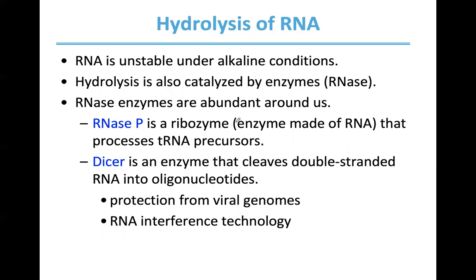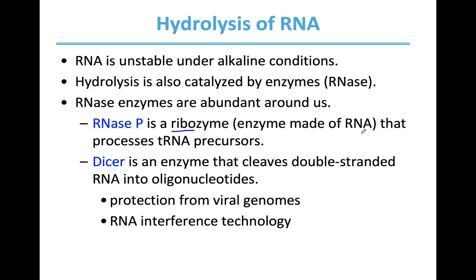So for example, RNase P is a ribozyme. A ribozyme is an enzyme which is made primarily of RNA, right? We know the enzymes which are made of proteins, but ribozymes are enzymes made of RNA.